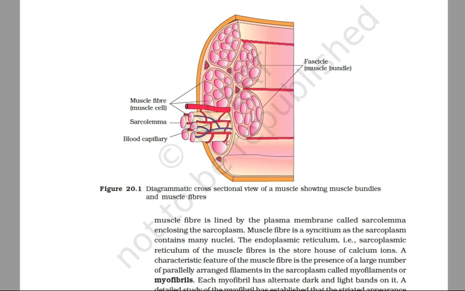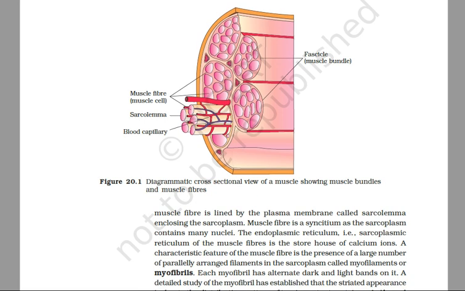So each myofibril contains about 1500 myosin filaments and 3000 actin filaments, that is in the ratio of 1:2. These myosin and actin are the contractile proteins. These filaments are large polymerized molecules which are responsible for bringing about the process of contraction.